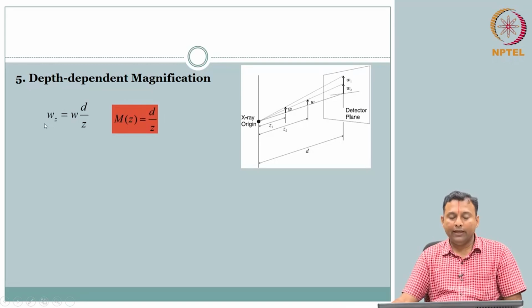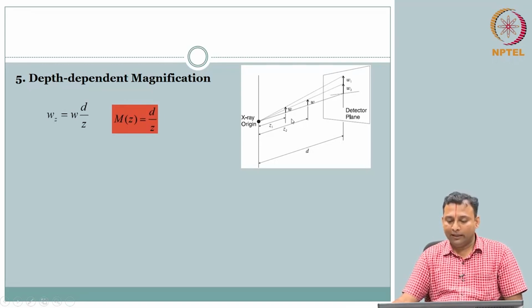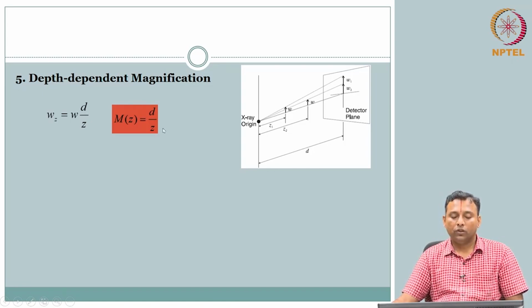Okay, so you can write this: your W of Z is nothing but W, the ground truth value, times the magnification, and the magnification factor is therefore D by Z, which is your similar triangles kind of approach. So D by Z. Why is it written as M of Z?